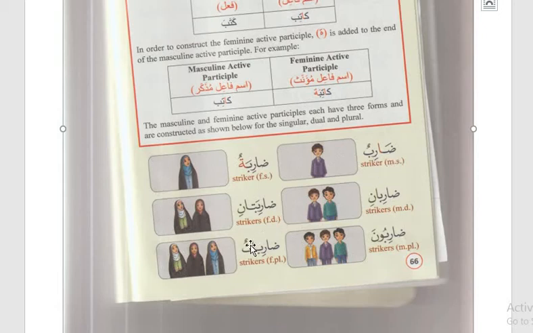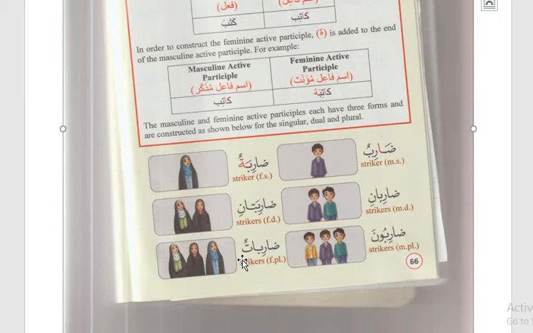So what do I add? I add, because it's plural, feminine, I add always alif and ta. This is the sign for plural feminine. Again, alif and ta is the sign of plural feminine. So it becomes ضاربات.